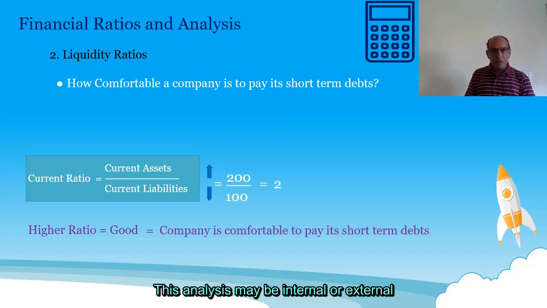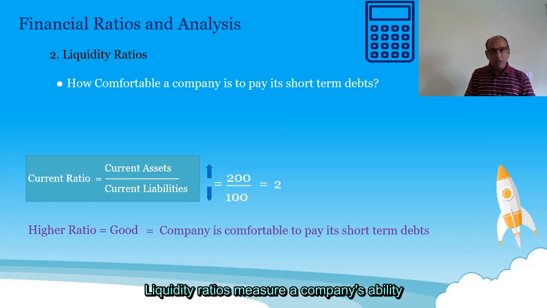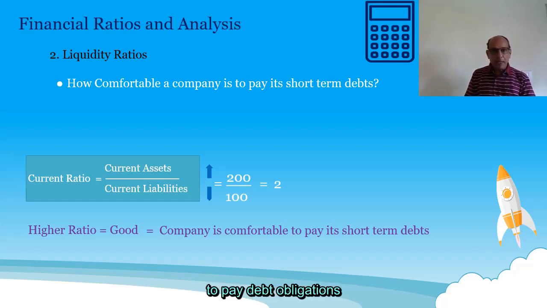This analysis may be internal or external. Liquidity ratios measure a company's ability to pay debt, obligations, and its margin of safety through the calculation of metrics including the current ratio, quick ratio, and operating cash flow ratio.